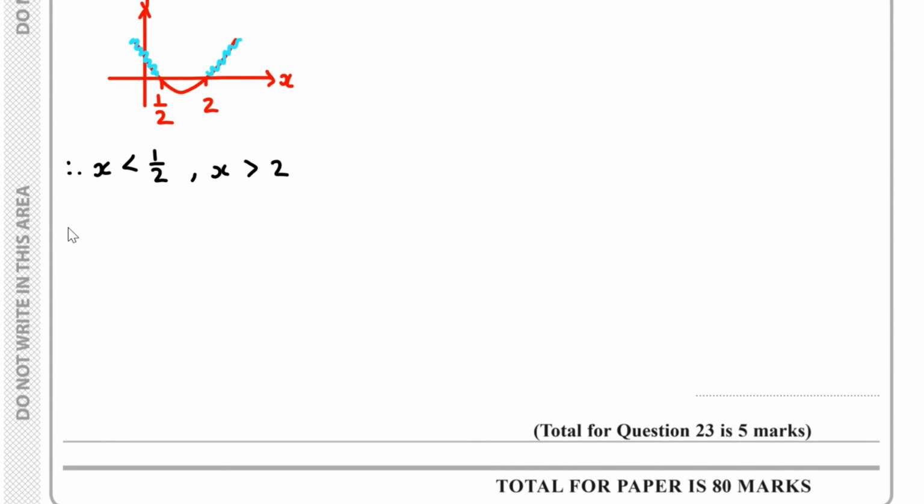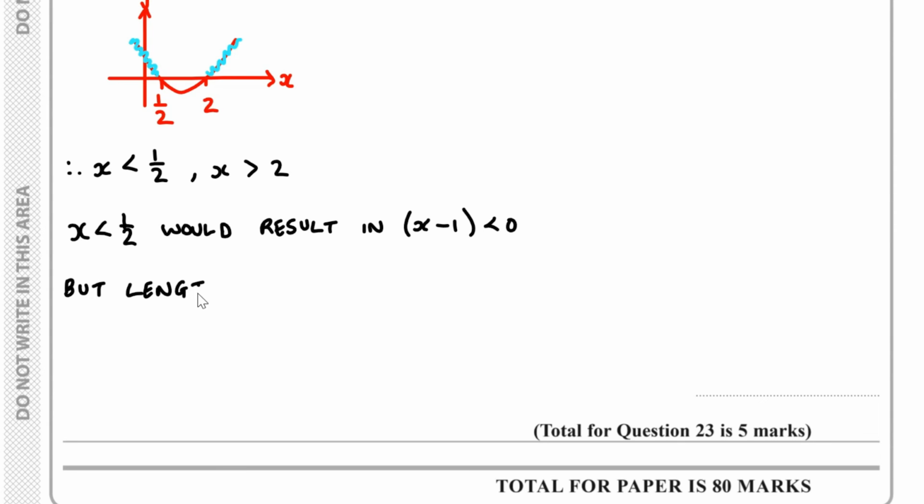So let's put that down into words. x being less than 1/2 would result in x minus 1 being less than 0, and because we've got lengths, let's just write this down, but length must be positive, and therefore our only solution is x is greater than 2.